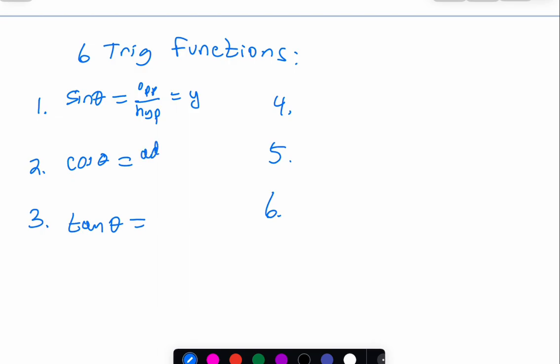Cosine, I want you to tell me it's adjacent over hypotenuse. It's our x. Tangent, I want you to tell me that it is opposite over adjacent, or y over x.